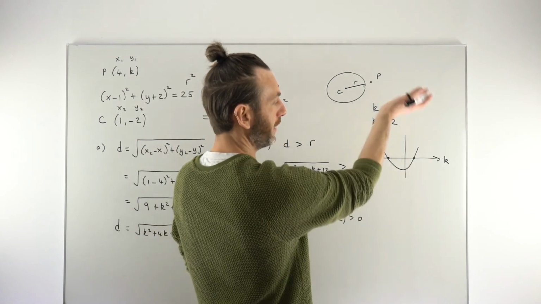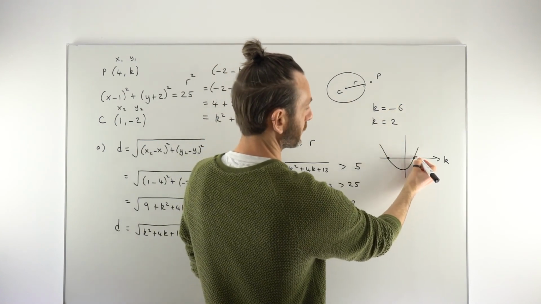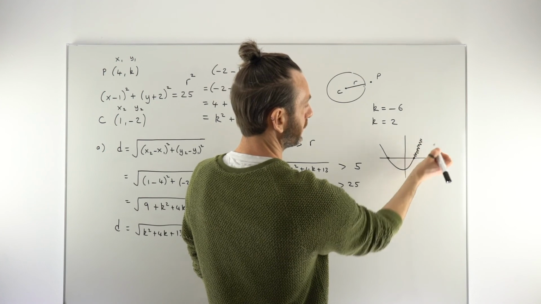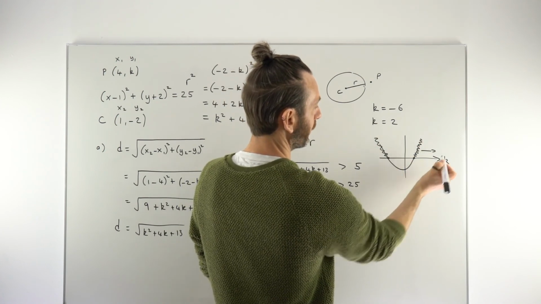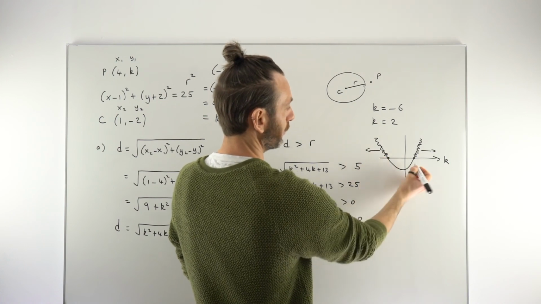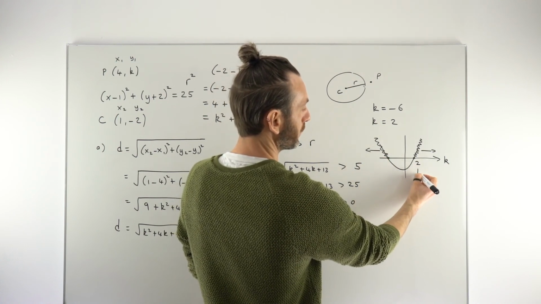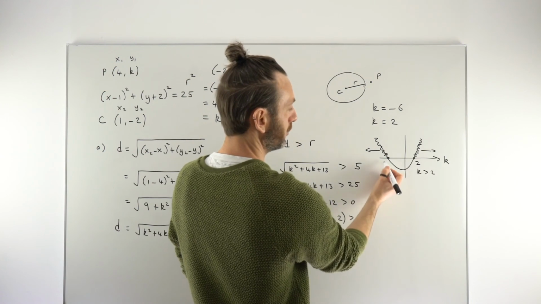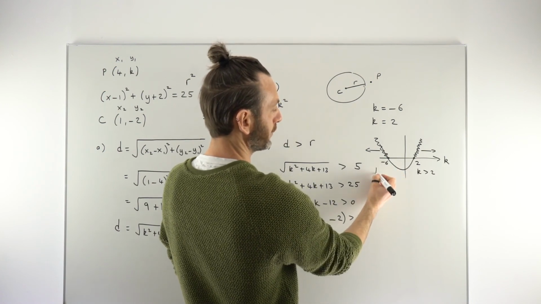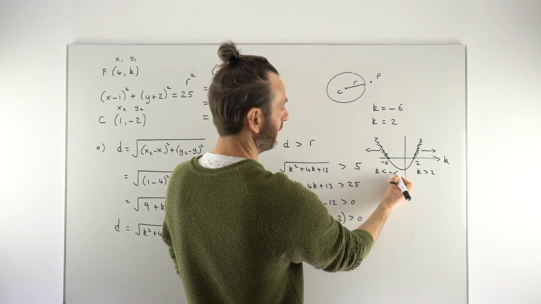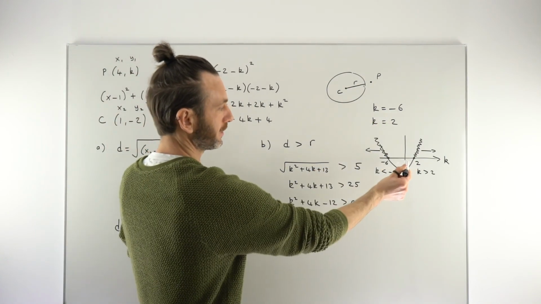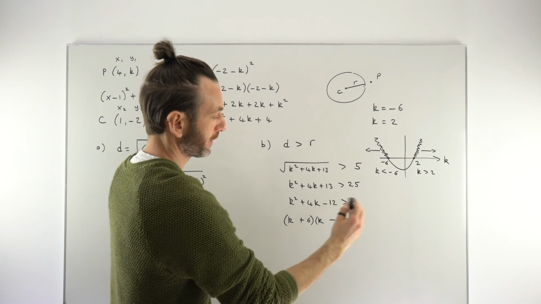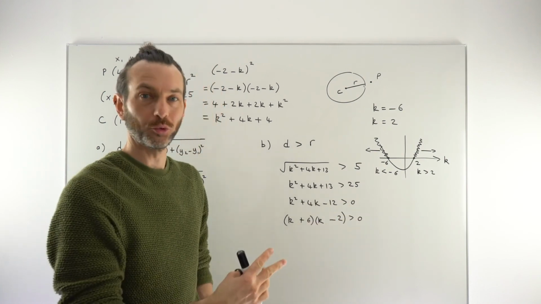Greater than 0 means above the k-axis in this case. So it's the graph there and the graph there. So it's all the k values going that way and all the k values going that way. This point is at 2, so it's all the k values greater than 2. This point was at negative 6, so it's all the k values less than negative 6. So you really need the roots and the sketch of the parabola to solve this. You can't really do it algebraically at the end.